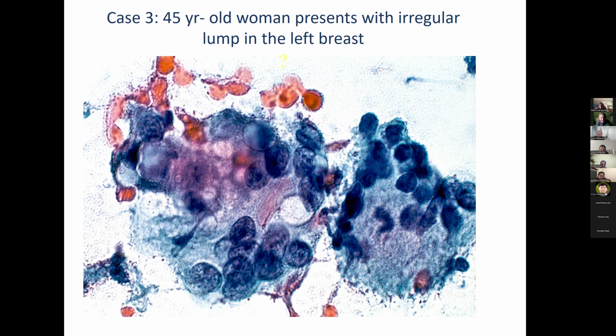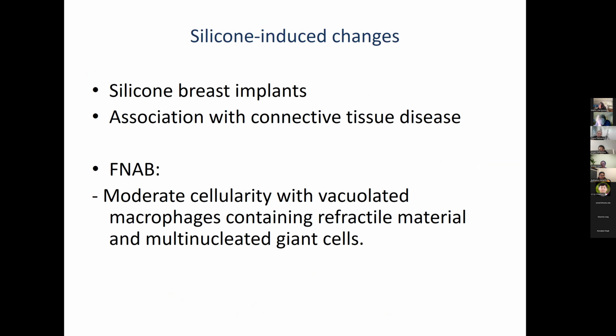Looks like giant cell. Exactly. That's the perfect answer. That's a multinucleated giant cell here, and these are all vacuolated cells. So if I told you the patient had a silicone implant, and you had a microscope and there's refractile material within these giant cells, what would you be thinking? Right?